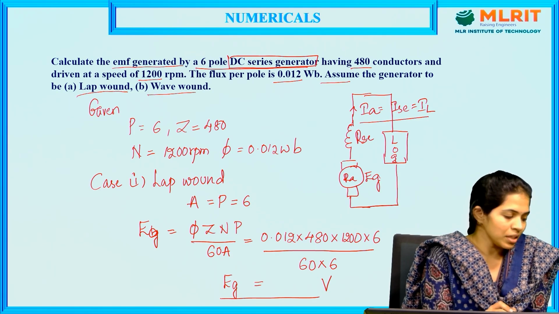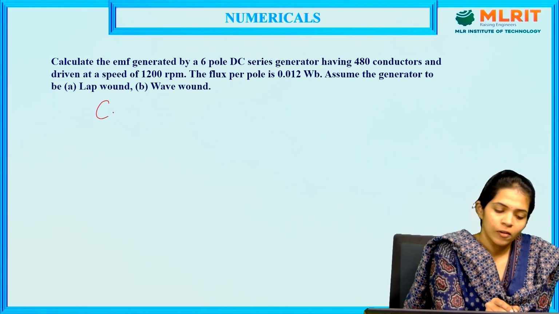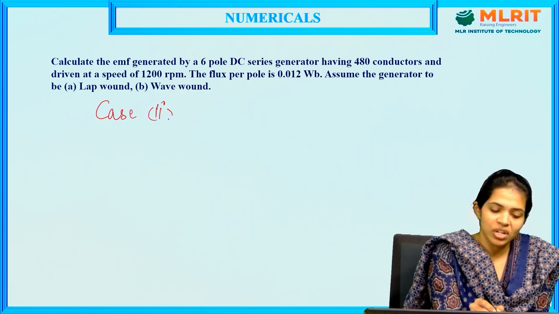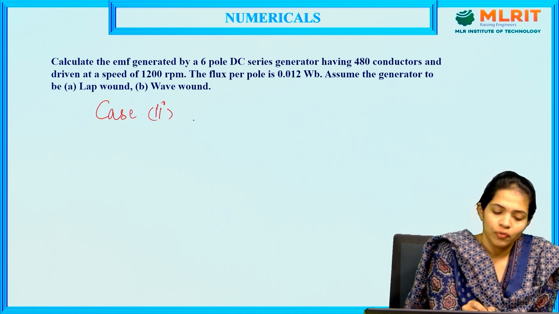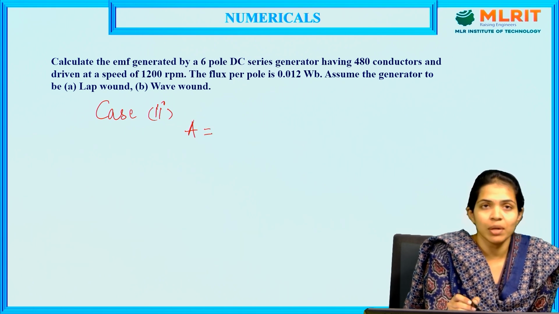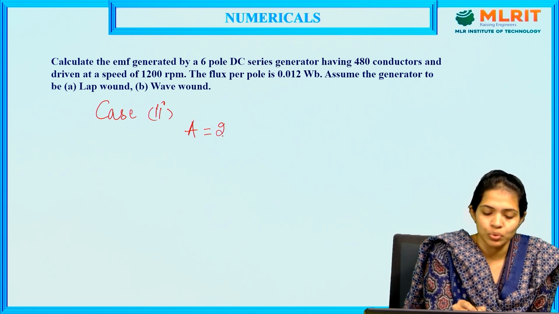Now we analyze case 2, which is when the same series generator is wave wound. For a wave wound armature, the number of parallel paths equals 2.